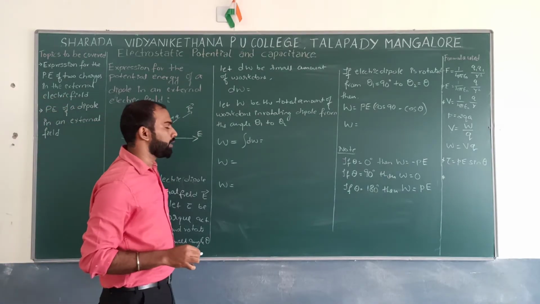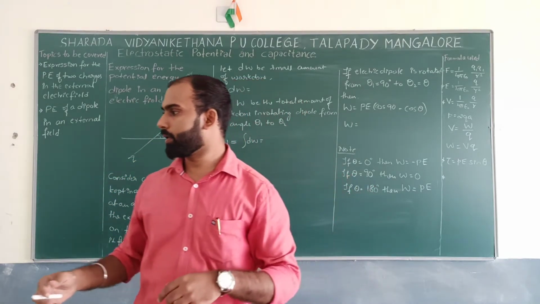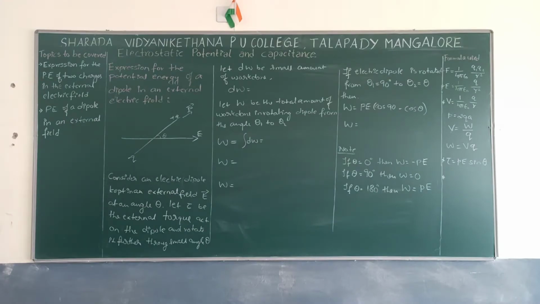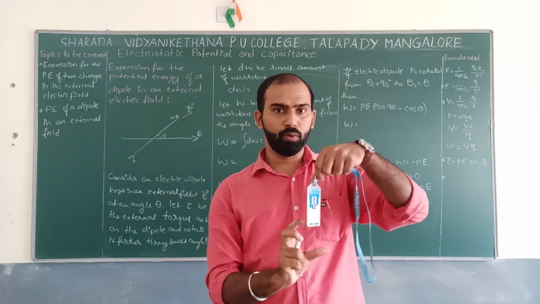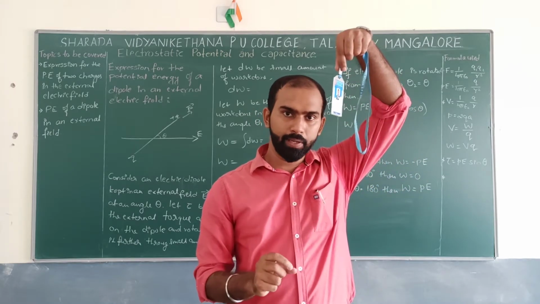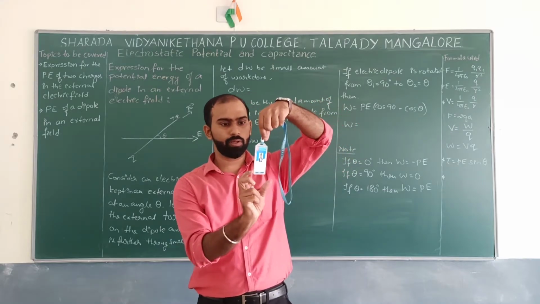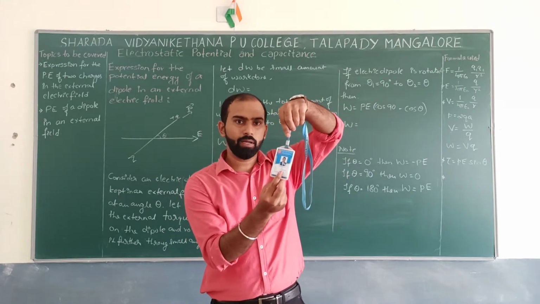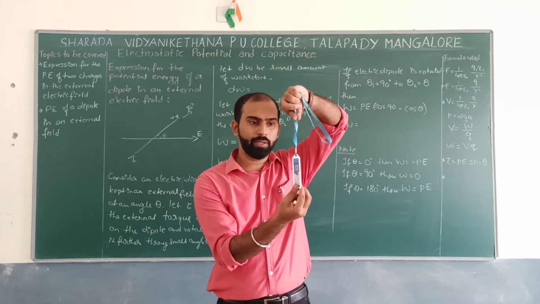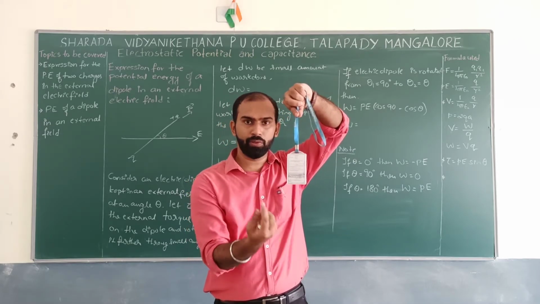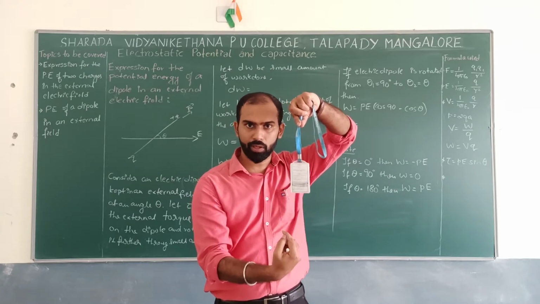Now, what happens here is, if I take this as a dipole and keep it in the region of the external electric field, it will take a rotation somewhat like this, and if I leave it, don't you think it takes an anti-clockwise direction, correct?